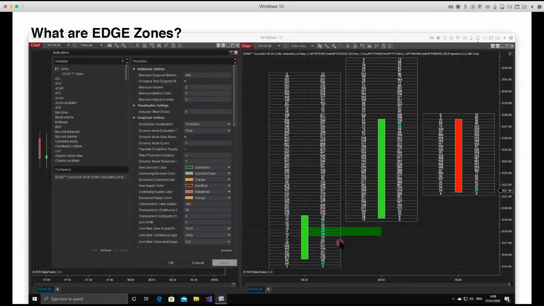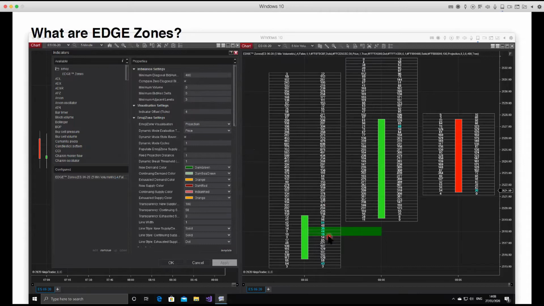I can read it myself from the footprint raw data, but let's have the computer do the heavy lifting of looking for this pattern. And I can put whatever filters I want on here. I can say how many adjacent levels I want. I can say, is there a minimum amount of volume that I want to see on the aggressive side? Maybe I'm only interested if at least 100 contracts lift the offer.